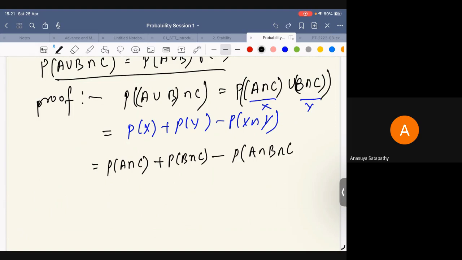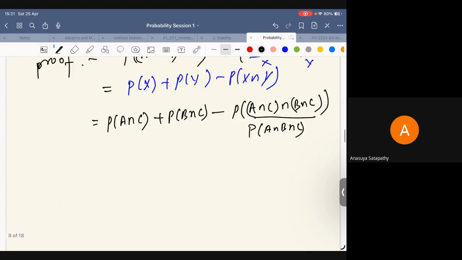So if you open this one, it will be probability of A intersection B intersection C.